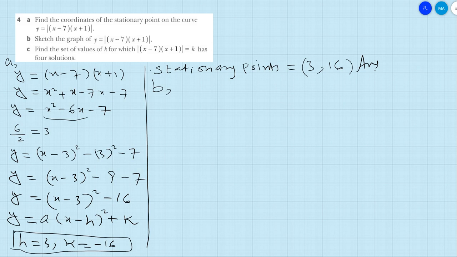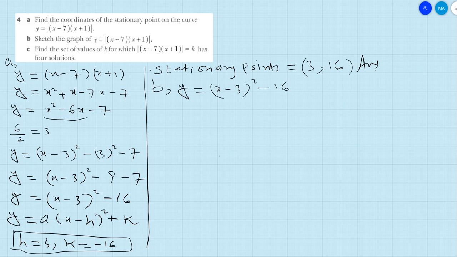Sketch the graph of y is equal to the absolute value of x minus 7 into x plus 1. Same, take the equation y is equal to x minus 3 whole square minus 16. This is the perfect square form. Find the x and y intercepts.